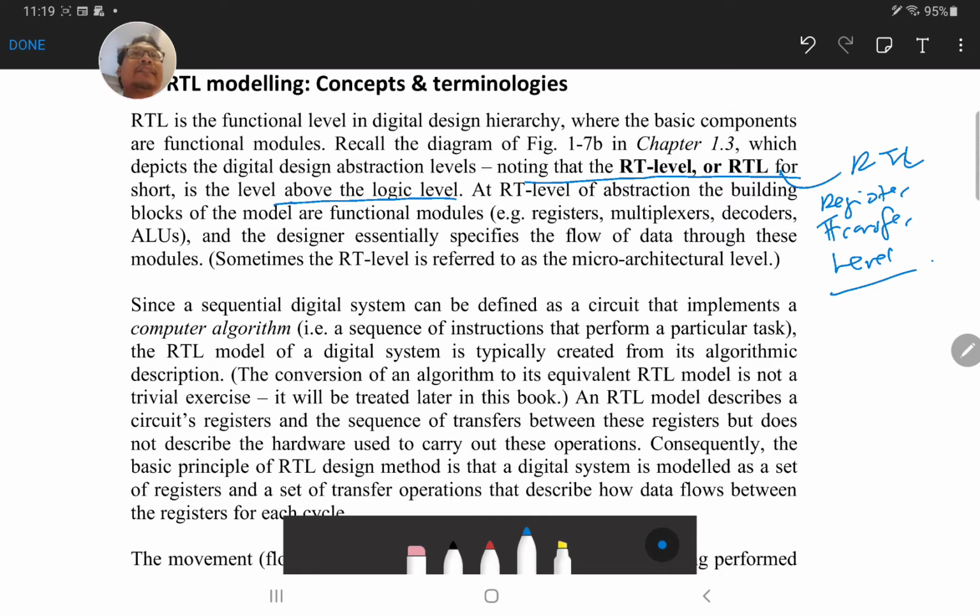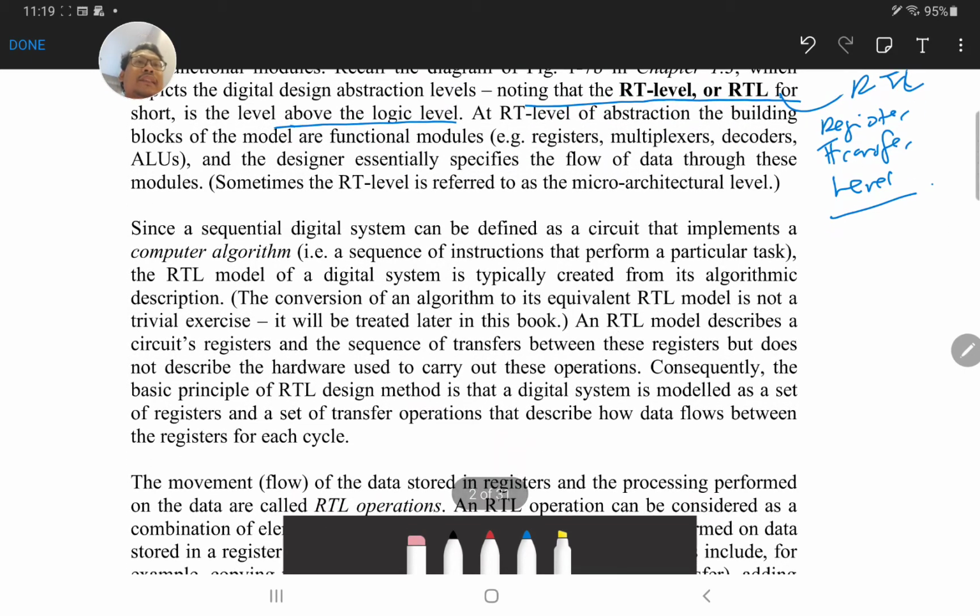So in RTL, register transfer means we have registers, and we are going to transfer the data between the registers, using some control or based on our requirements, from one register to another register based on the clock and reset of the registers.